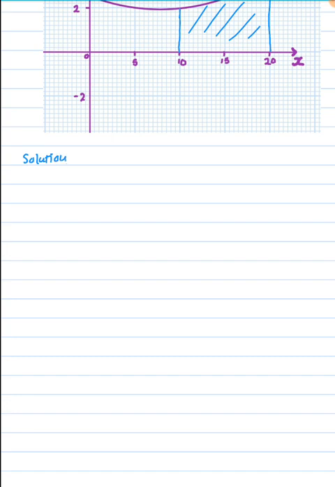In our solution, the first part is we want to find the area of the smaller box. To find the area of the smaller box, we are going to firstly find the area of the bigger box.